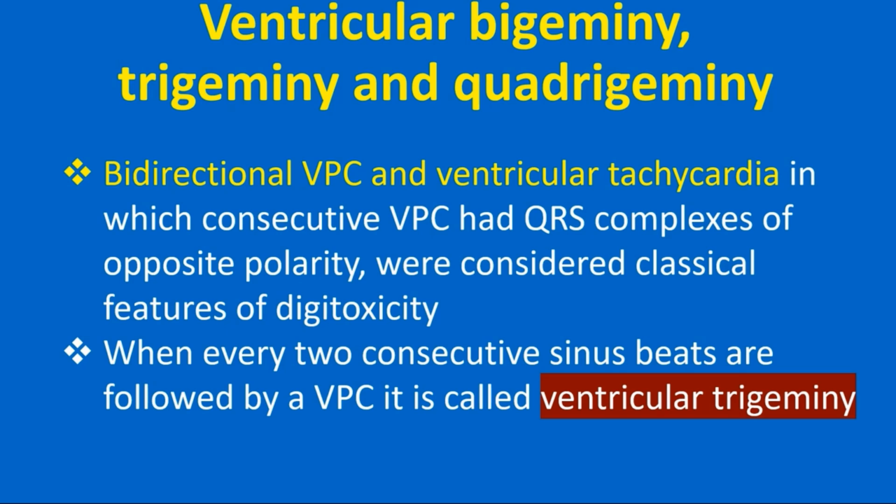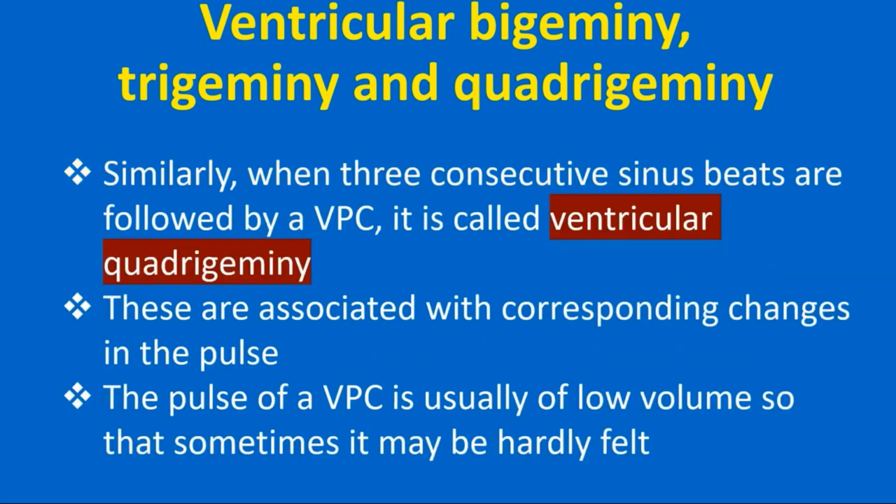When every two consecutive sinus beats are followed by a VPC, it is called ventricular trigeminy. Similarly, when three consecutive sinus beats are followed by a VPC, it is called ventricular quadrigeminy. These are associated with corresponding changes in the pulse.